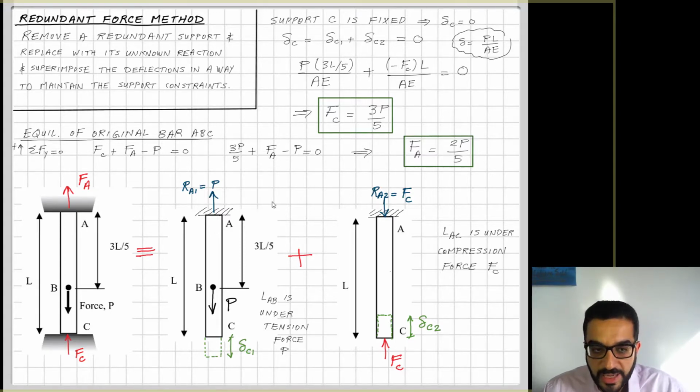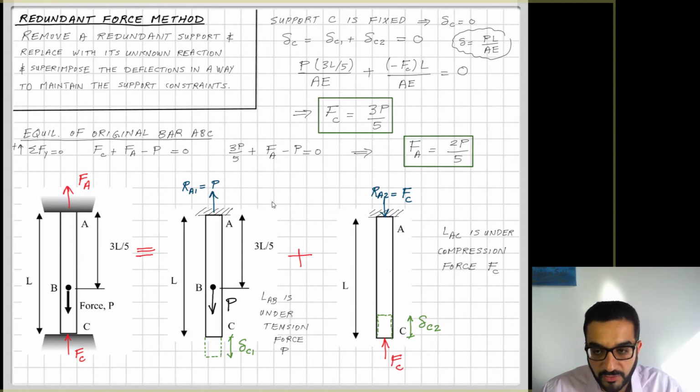I relaxed the problem by removing the redundant reaction and allowed the beam to deform under the loads that I have. Then, using the concept of superposition to stick to the original case of that column and its loading, I considered that relaxed column again, but now with no external load, and I put back the redundant reaction that I took in the beginning in case 1.